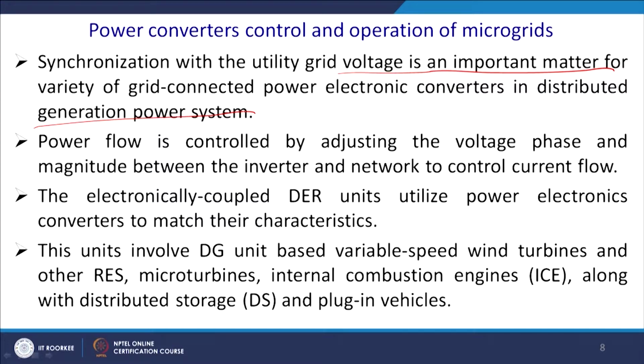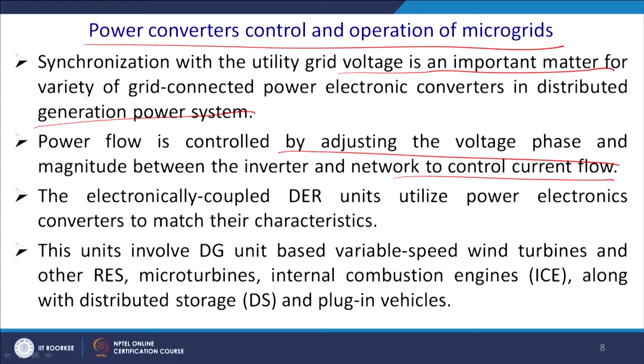This kind of architecture we have already discussed, and this is one of the important criteria while considering power converter control and the operations of the microgrids. Power flow is controlled by adjusting the voltage phase and magnitude between the inverter and the network to control the current flow.